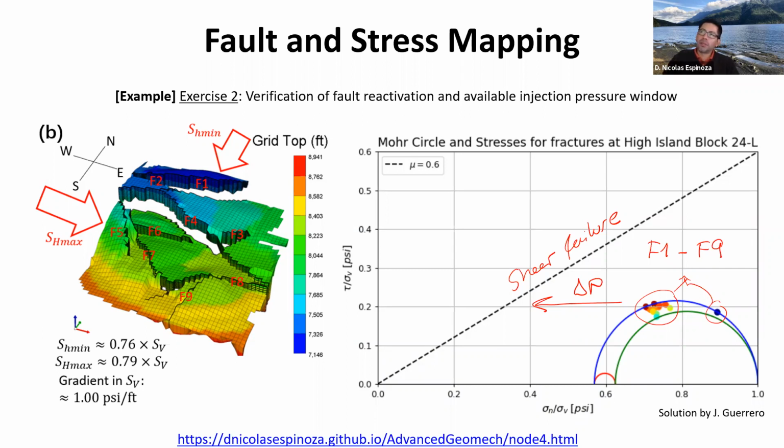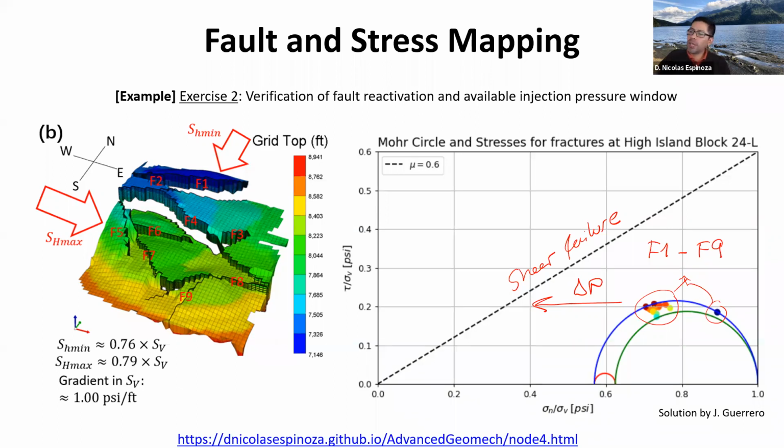So that's something else that we have to take into account when we predict how much CO2 can be injected. And a problem here, as I was saying before, is compartmentalization.